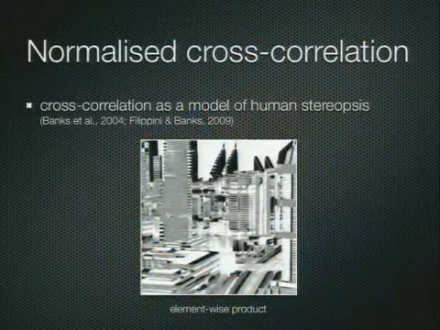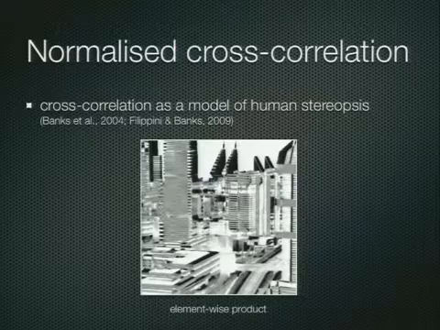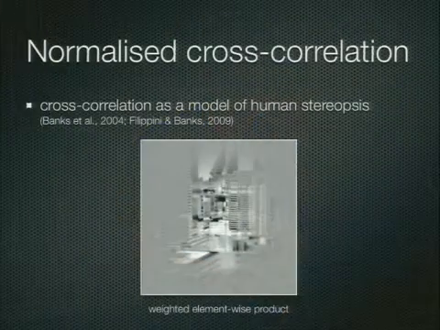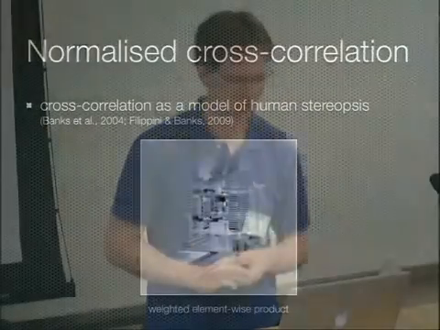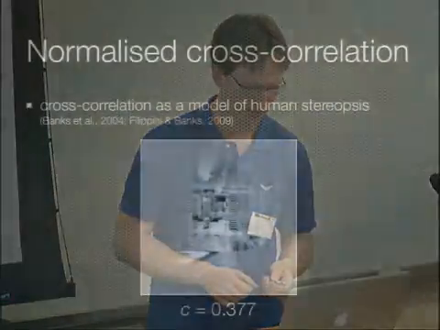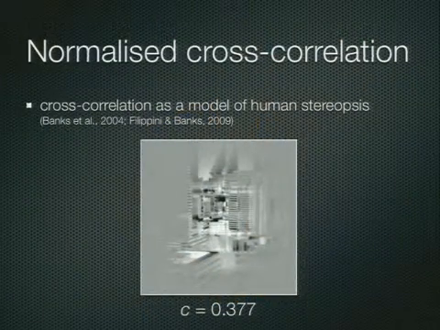After normalizing these patches, they're multiplied together on a per pixel basis. What Filippini and Banks contributed on top of this is to apply a Gaussian falloff to mimic the cortical receptive fields. Again, the pixels further away are given a lower weight. This is now averaged together, all the values of all the pixels, and this results in the correlation score.